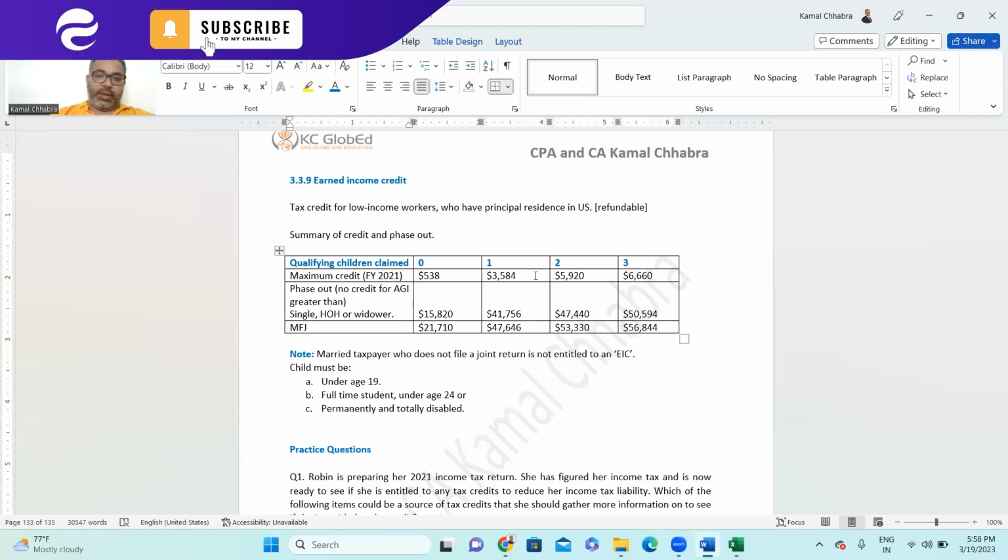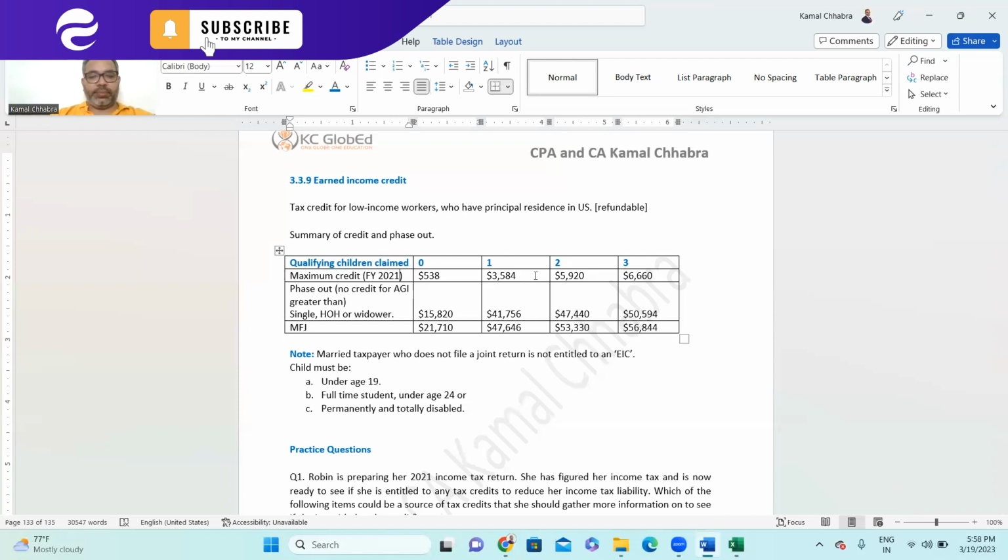If you have two children, then 5,920, and phase out limits are 47,440 and 53,330. And if you have three or more children, then you'll get a tax credit of 6,660, and phase out limits are 50,594 or 56,844. A married taxpayer who does not file a joint return is not entitled to earned income credit.